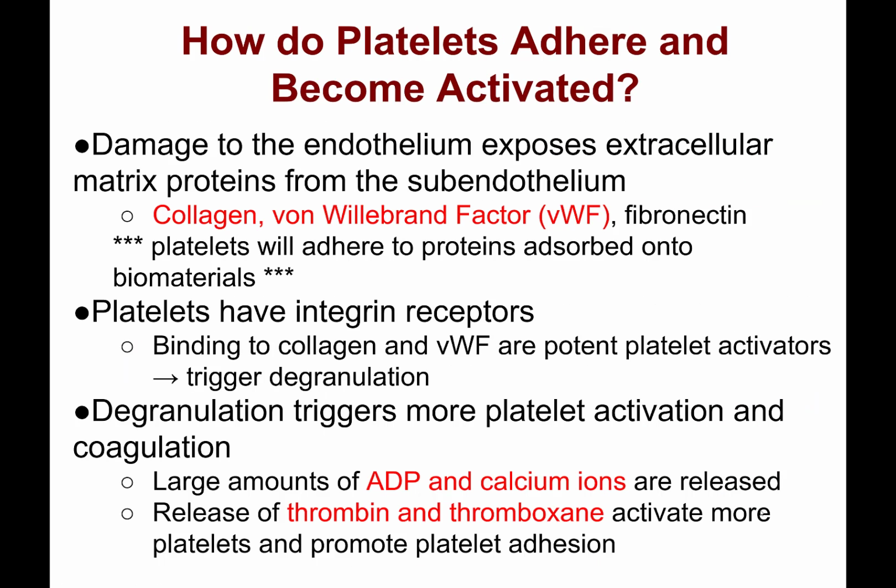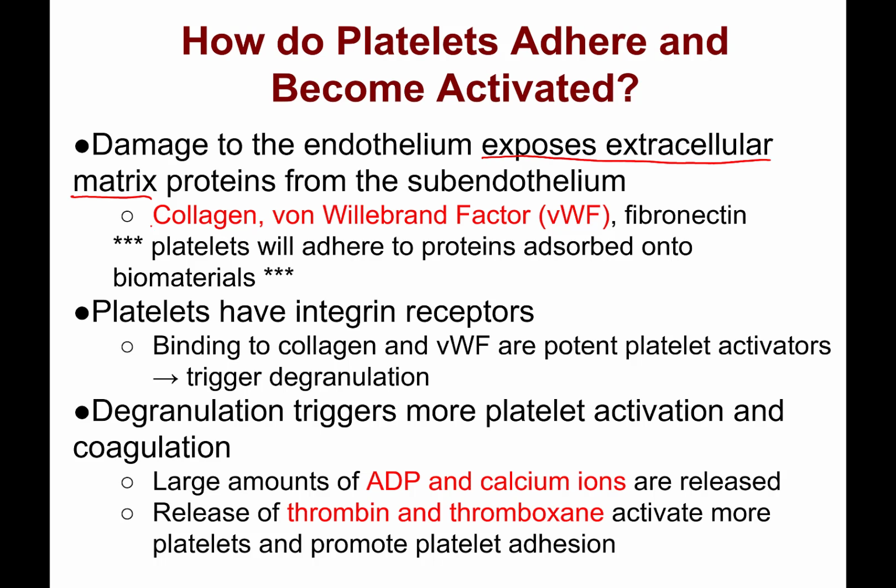Okay, so how do platelets adhere and form a platelet plug and become activated? Well, this happens via several ways. First is that the damage to the endothelium that occurs during an injury is going to expose some underlying extracellular matrix proteins. So those are proteins from the subendothelium or below the endothelial cells.